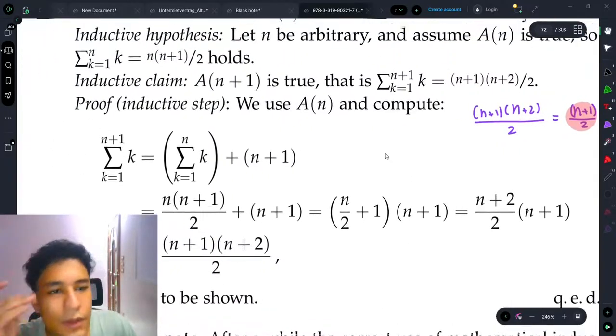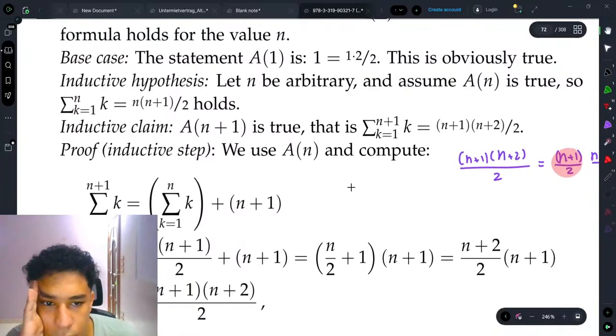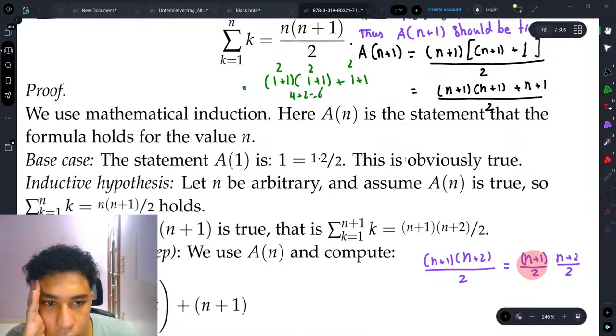Bro, what? He replaced. This is basically like n multiplied by.